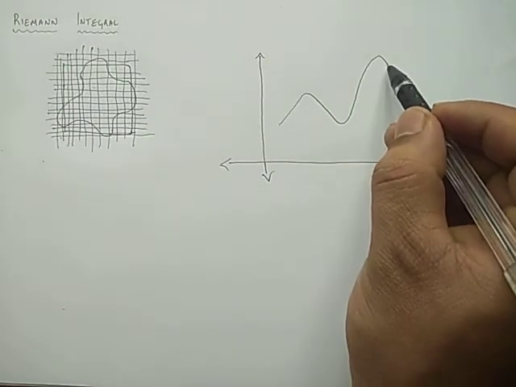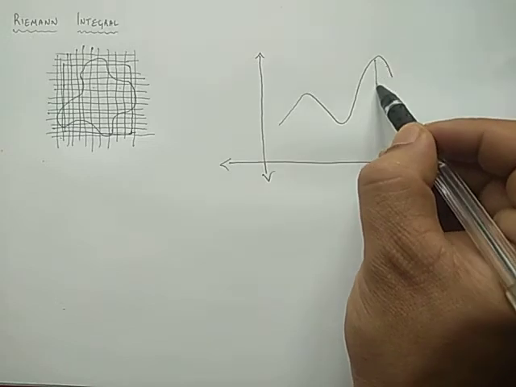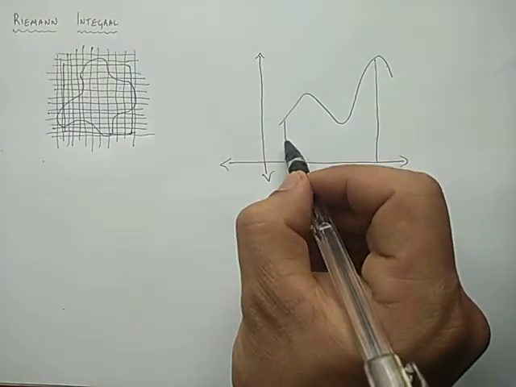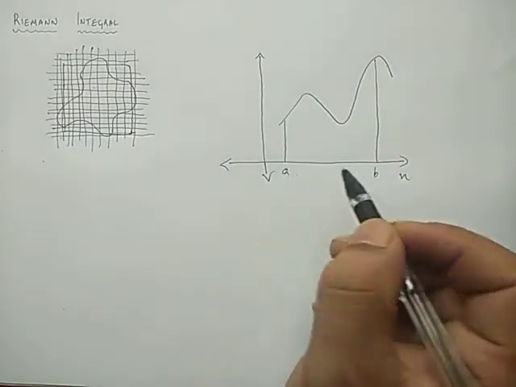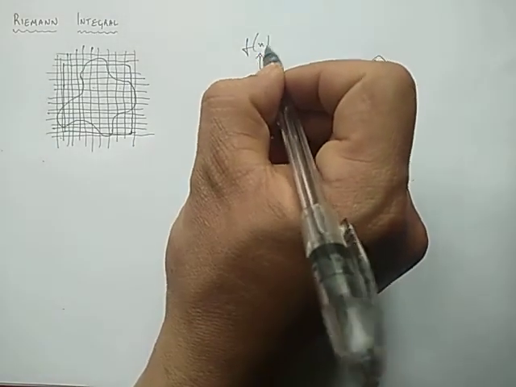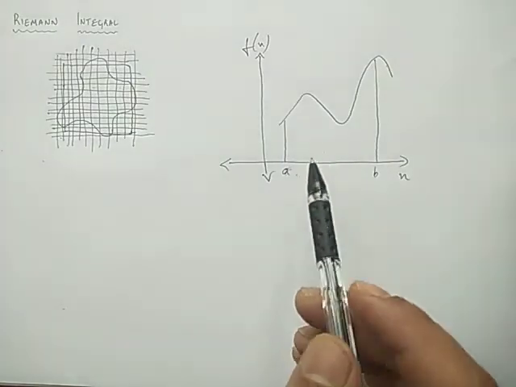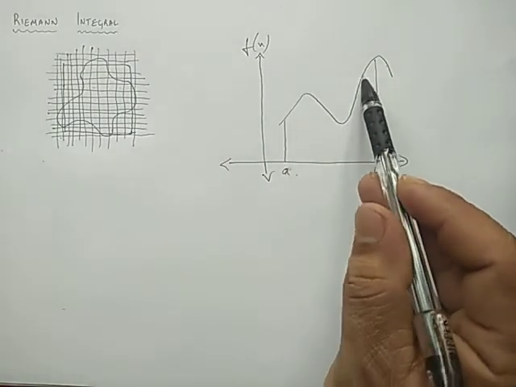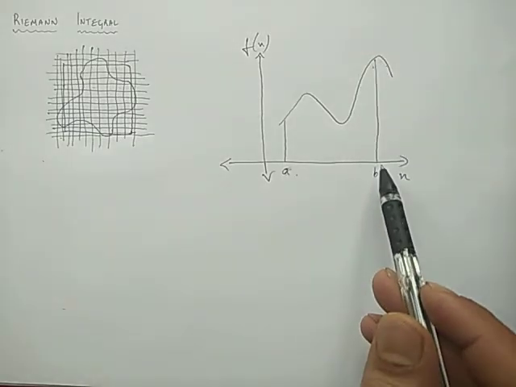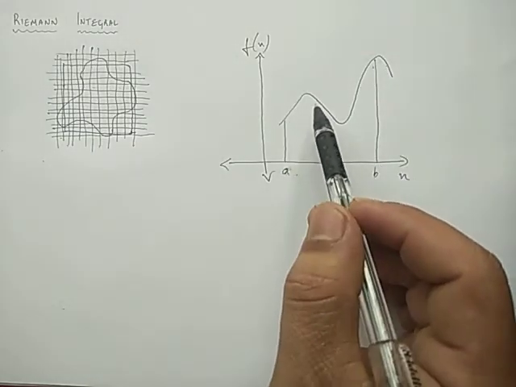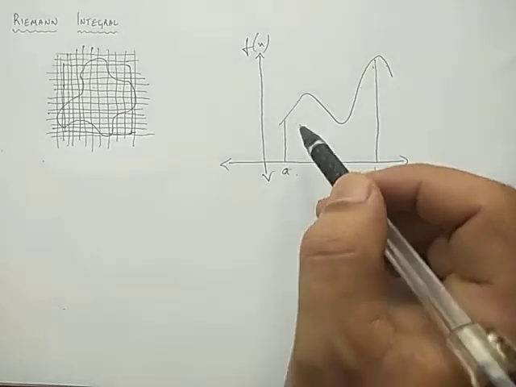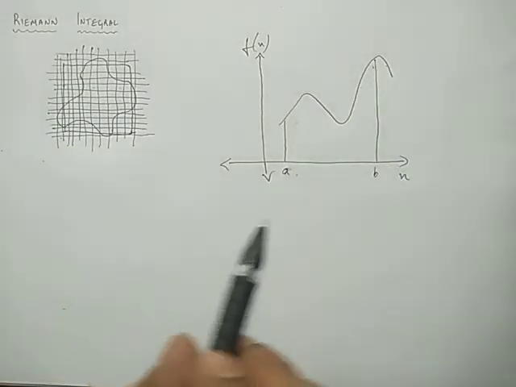Then suppose that we have a point here, B, and a point here at A. This is f of x, and we are asked to find the area bounded by this curve, this line, and this line.